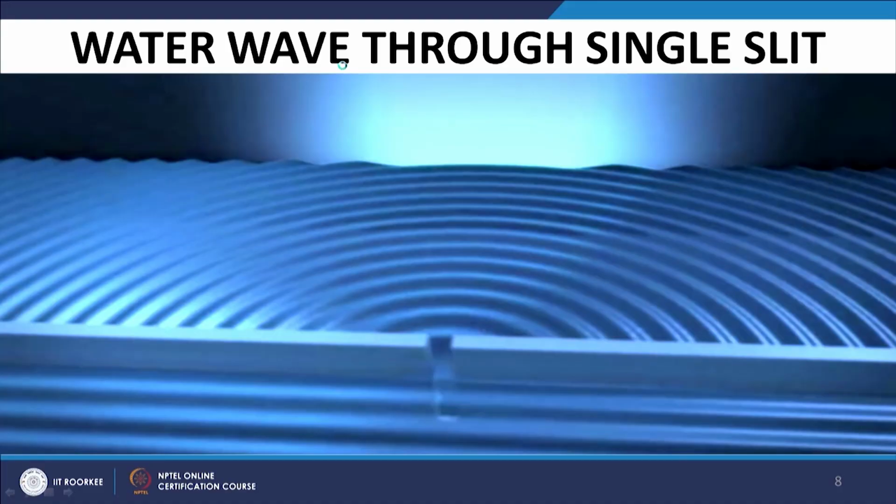Before we get into this, let us look at this particular slide. We have a stream of water flowing, there is a gradient and the stream of water is flowing along that gradient, and then it encounters a dam or an obstacle or an impediment in which there is a small slit.